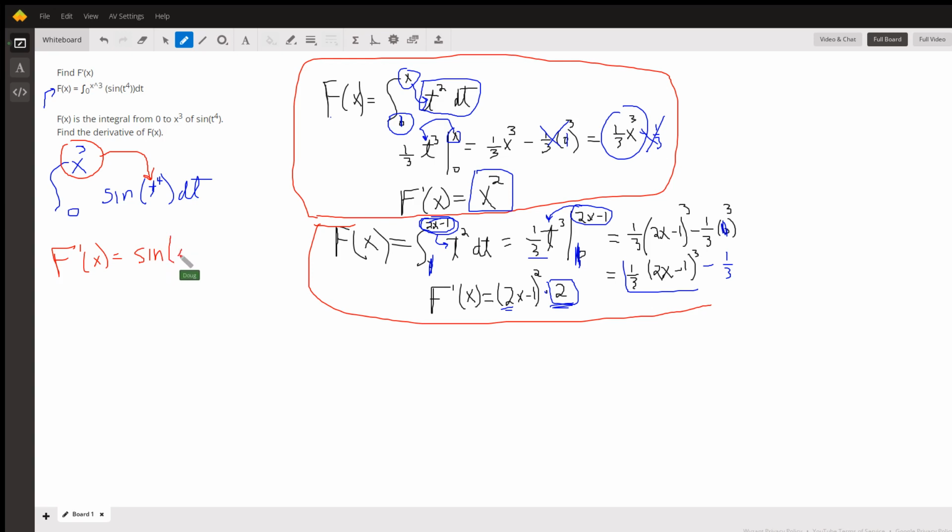So we're going to have sine of x cubed to the 4th power, but then we have to multiply by the derivative of the inside when we take that derivative of big F, which is 3x squared. So we would probably in the end write this way, 3x squared sine of x to the 12th.